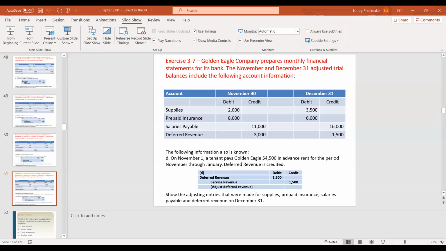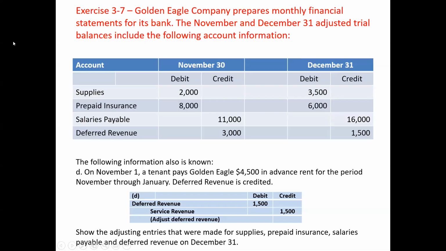It began at 3,000, ended at 1,500. The following information is also known.